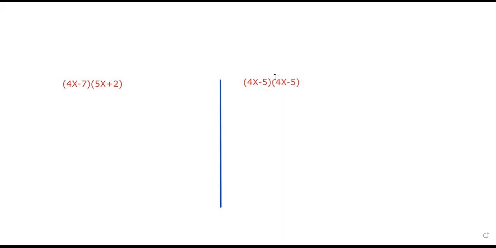And we have the third question, 4x minus 5 times 4x plus 5.